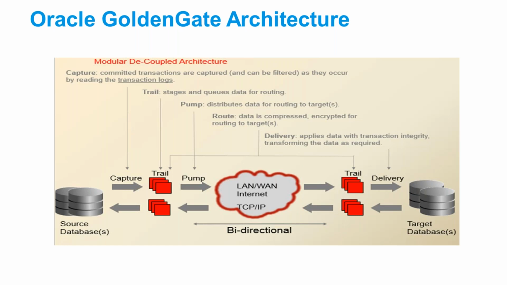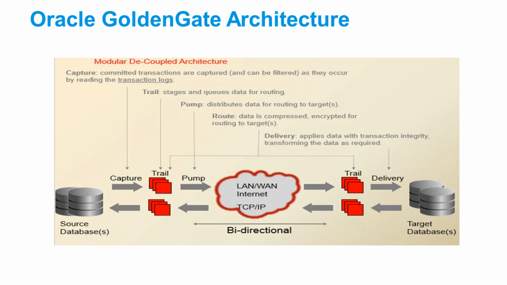Once the data becomes available in the local trail, the data pump process, which does the data messenger part, reads the data out of your local trail, sends it over the TCP/IP network and writes it to the remote trail on the target. Once the data becomes available in the remote trail, the GoldenGate replicat or delivery process will apply the data to the target database.